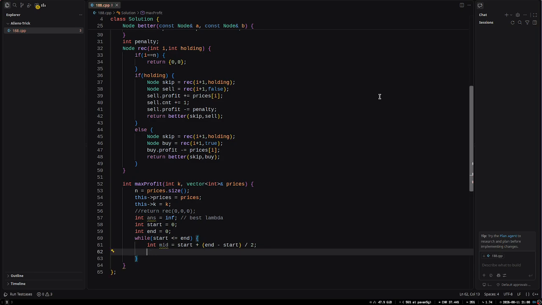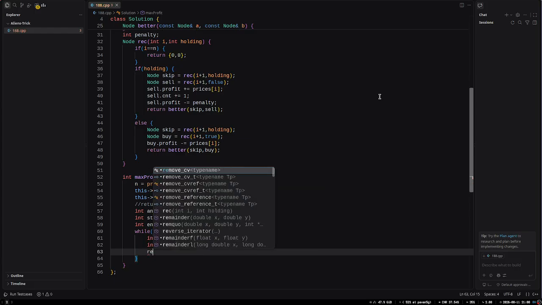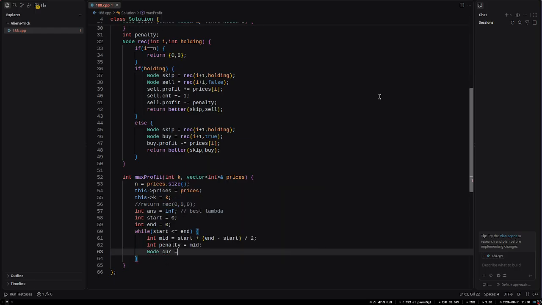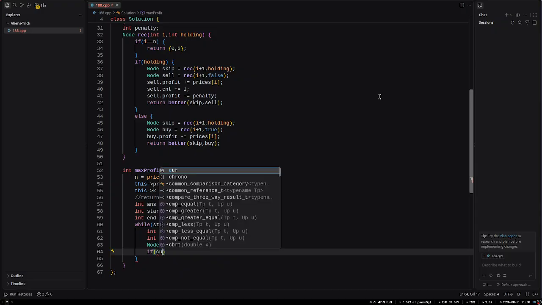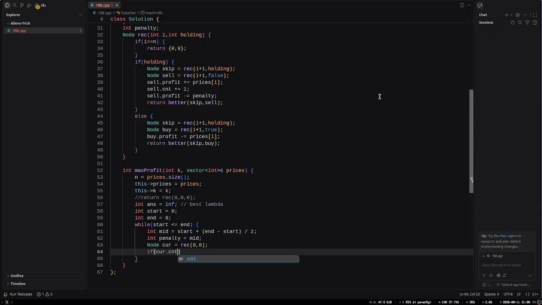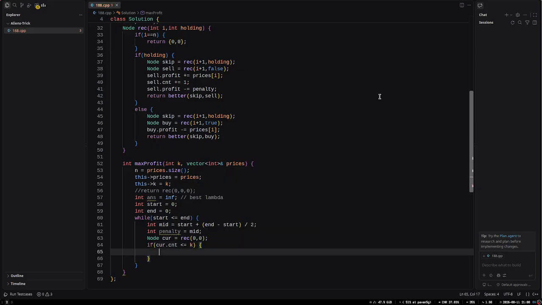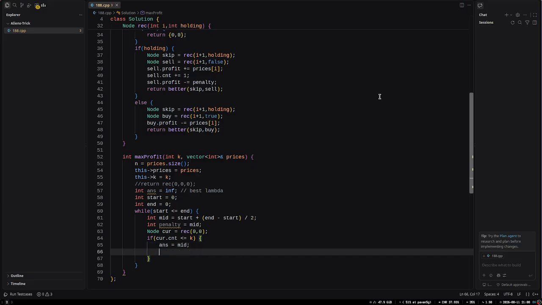If mid is the penalty, then with mid the current recursion is called, recursion of 0, 0. If the current recursion's max profit count is less than or equal to k, this particular penalty could potentially be an answer.